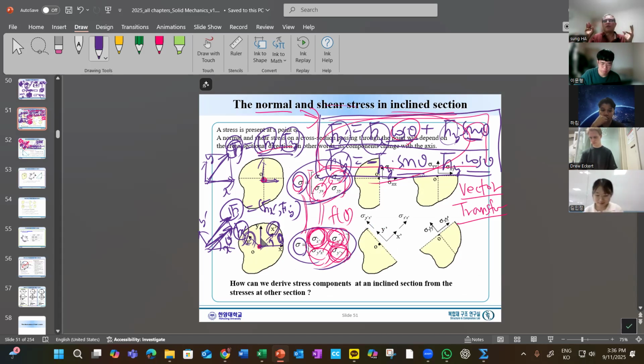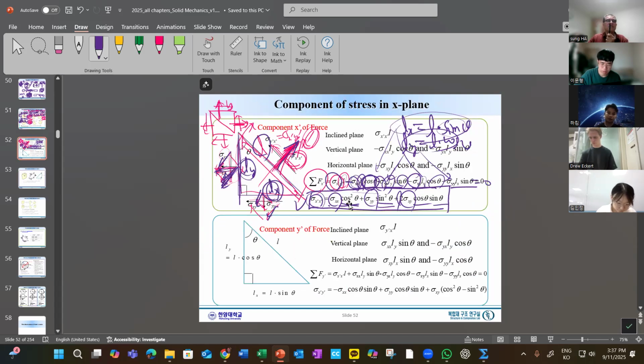You don't need to remember all the equations. You can, but the concept is that you have a decomposition similar to a vector, but instead of a single cosine or sine, we have cosine square, sine square, and twice cosine sine. Why?